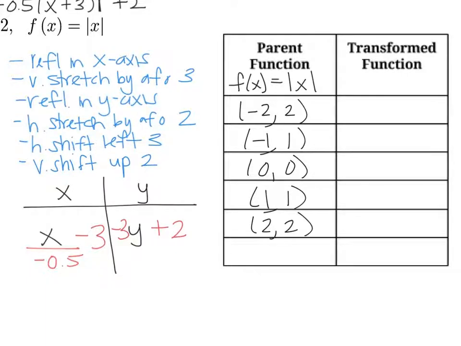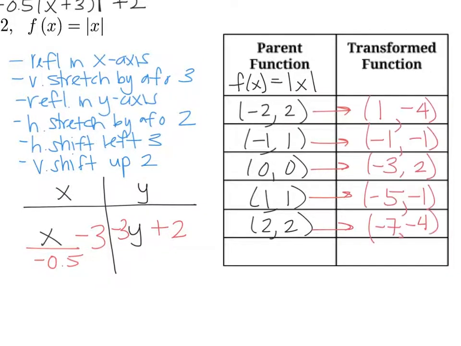Five points is just fine. And we are going to transform these using the sort of key that we've created over here. So every x value is going to be divided by negative 0.5 and subtracted by 3. So apply these transformations to the coordinates, pause the video, and then come back when you're done.